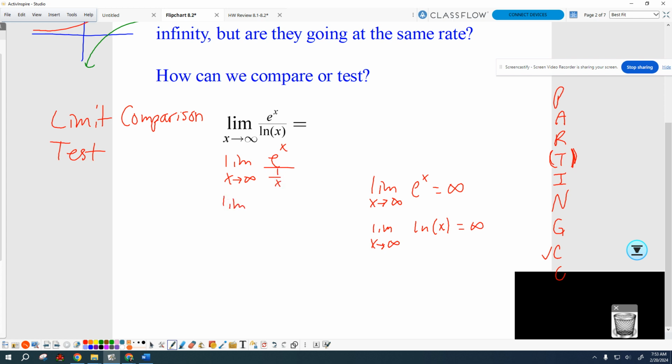And here, just do some arithmetic, this becomes x e to the x, which straight up just goes to infinity. So is it top heavy or bottom heavy? Top heavy. I think you knew this before, but this is how you can prove e to the x solidly goes to infinity so much faster than natural log of x.